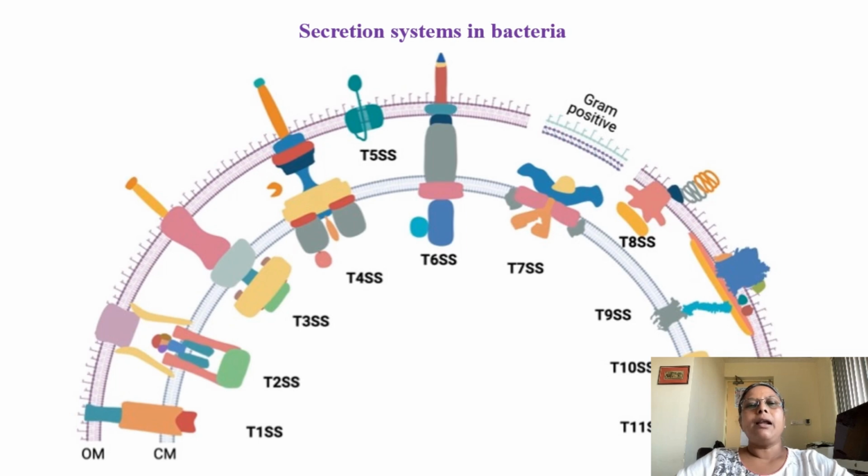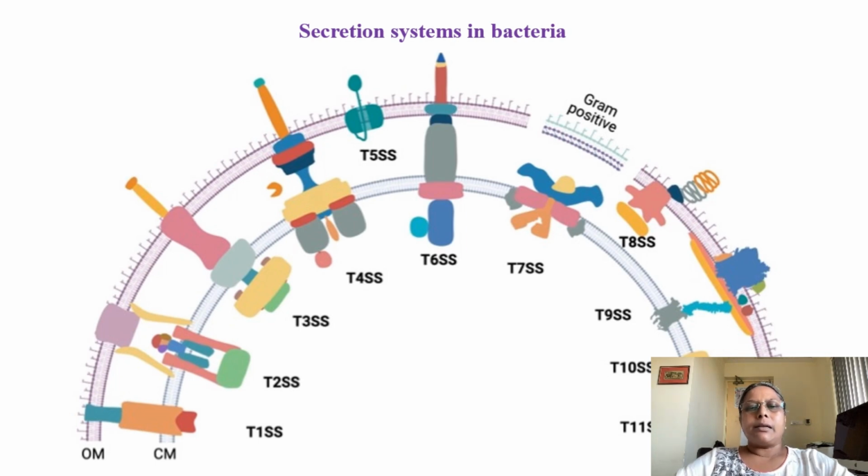Additionally, several other gram-negative protein secretion systems, such as type 6, type 7, type 8, type 9, 10 and 11, have been identified. These gram-negative protein secretion systems transport their substrates across both bacterial membranes in one step, rather than in a SEC or TAT dependent process.